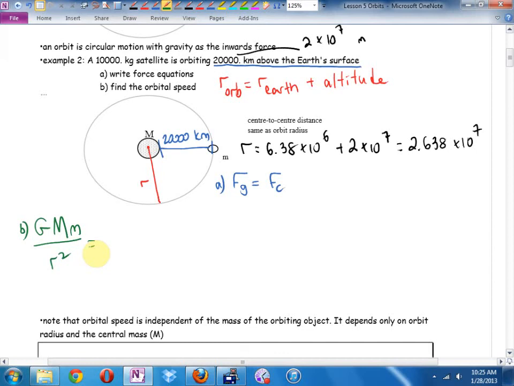Now, it's a force, so what am I going to start out with? Always a little mass. Which acceleration? What do they want me to find in part B? I think I'm going to use v squared over r. If they asked for or gave me the period, I'd use 4 pi squared r over T squared. What do you notice? What cancels?